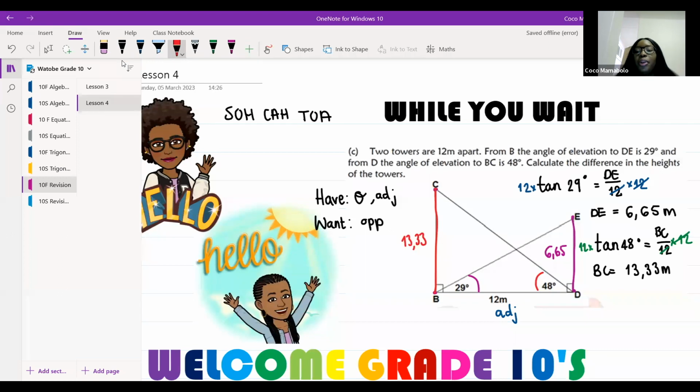We're not done because the question actually says calculate the difference in the heights. So calculate the difference for me and tell me what the difference in the height is. Whenever we're asked to calculate the difference, we're just going to take the bigger number minus the smaller. You can use the rounded off numbers, that's fine. Then minus, and tell me how much you get.